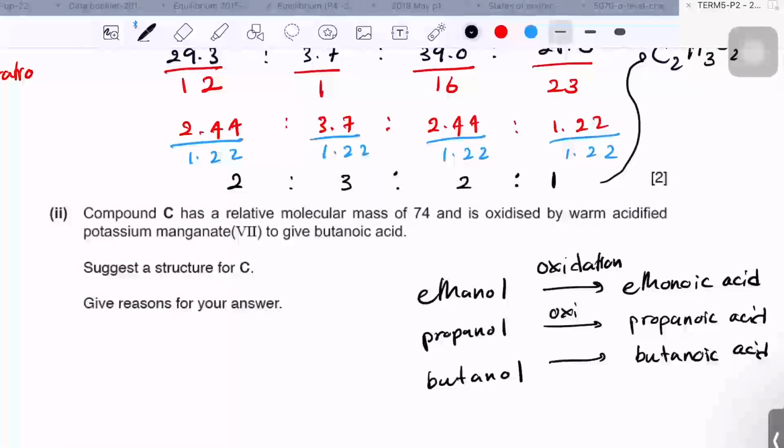Butanol. Butanol has how many carbons? But means how many carbons? 4. So it's an alcohol with 4 carbons. So can we draw a structure for C then? C should definitely be the alcohol butanol. So can you draw the structure of butanol?